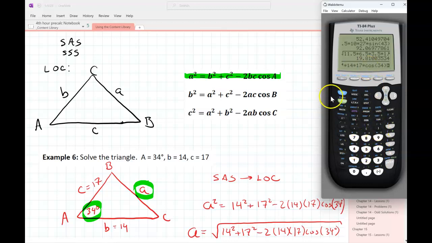Before I press enter, I'm going to check to make sure that I am in degree mode. The angles in this problem are given in degrees. I'm about ready to do a sine, cosine, or tangent, so I know I need to worry about my mode. I am in degree mode, so I'm good there. So I'll go ahead and press enter. I get about 9.51 for my length for a.